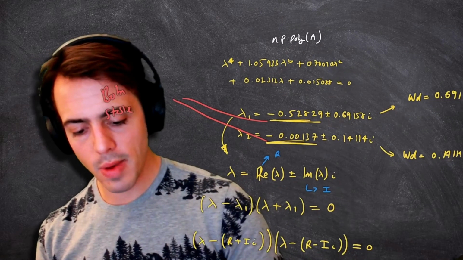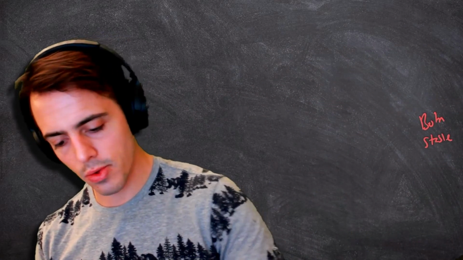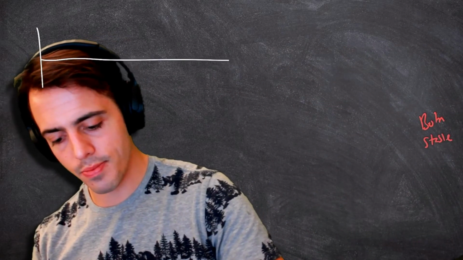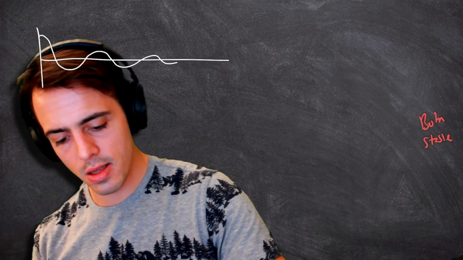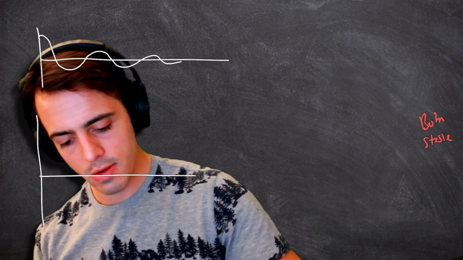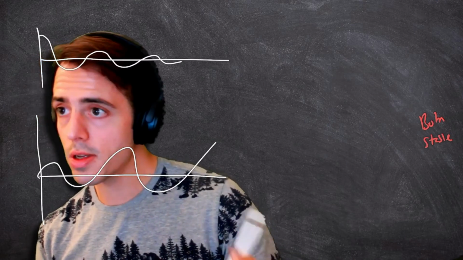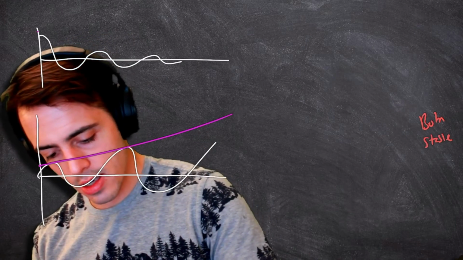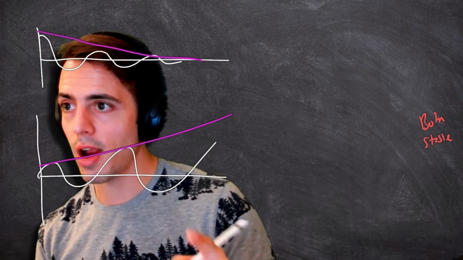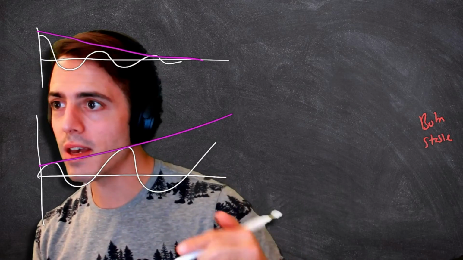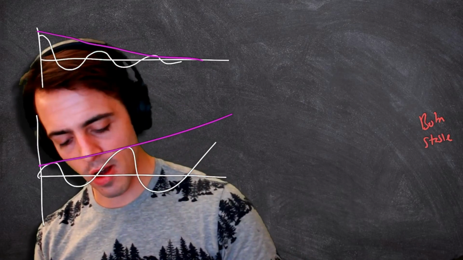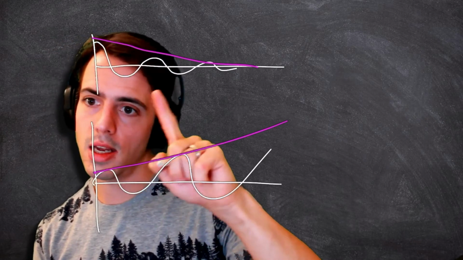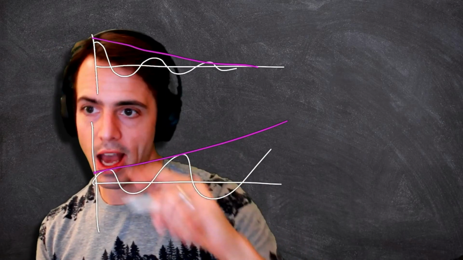Now, if we have a stable mode versus an unstable mode, we want to find a means to quantify, other than the damping ratio, in sort of pilot feel terms. We want to talk about how we can quantify the exponential decay or the exponential increase.